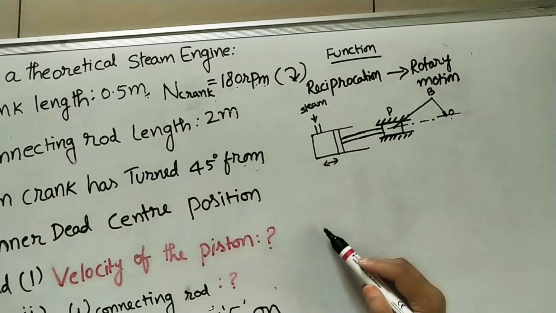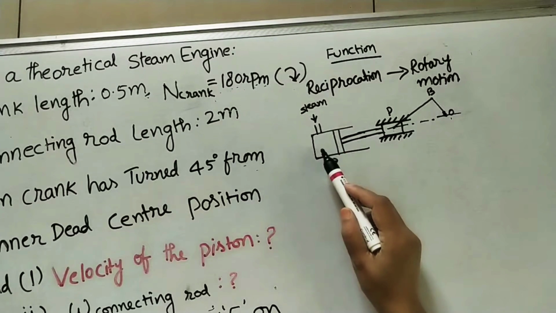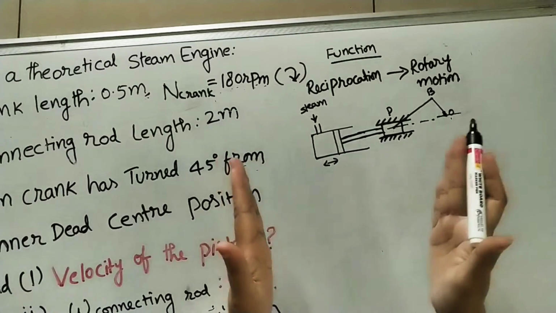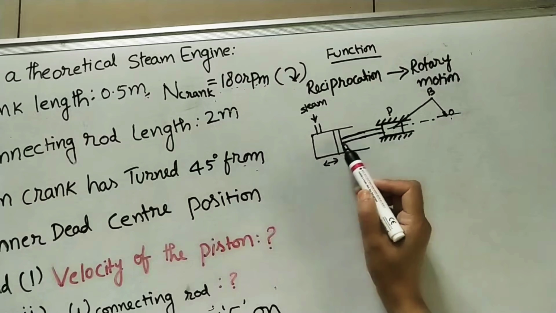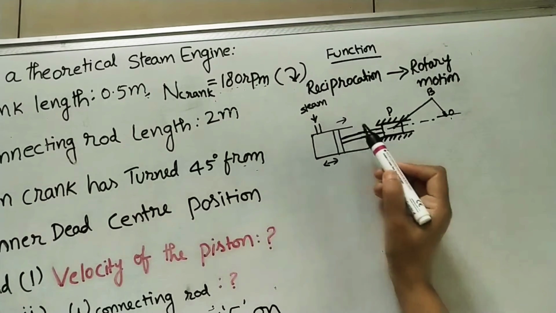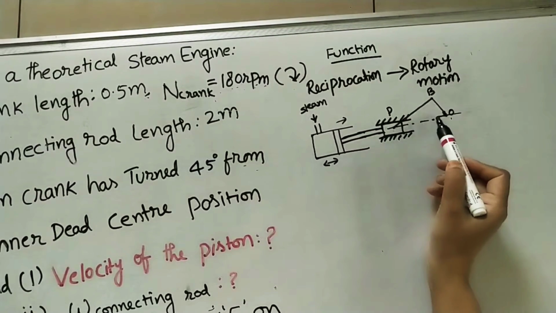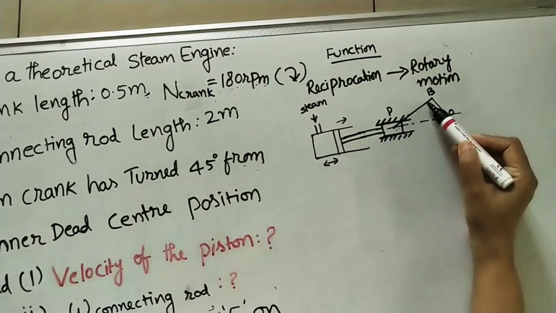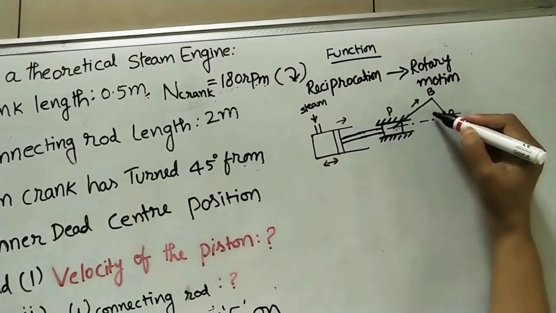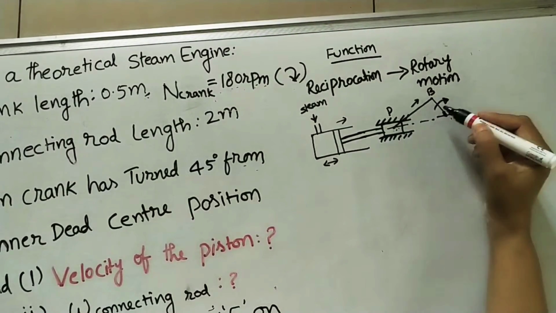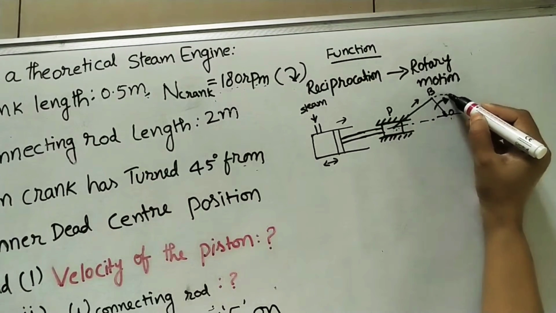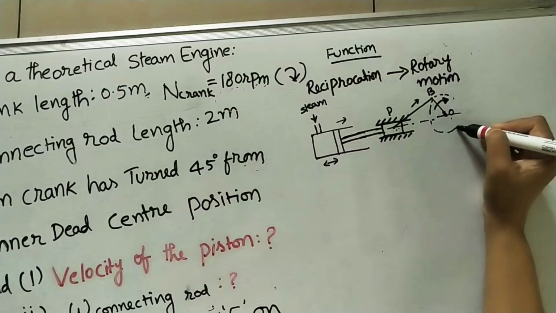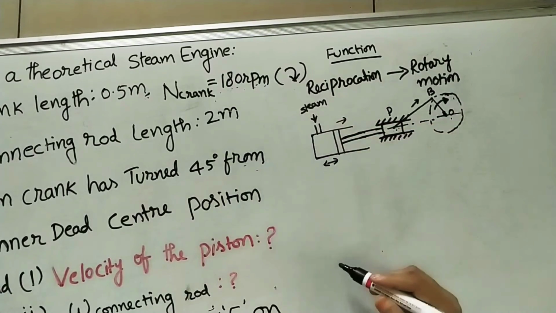Whenever steam is entering, it has an expansion property, so the steam will expand and the piston goes in this direction, and because of it this slider will move in this direction. This moves in the upward direction, and because of it the crank will try to move in the rotational direction. So the OB crank will rotate like this during the continuous supply of steam.